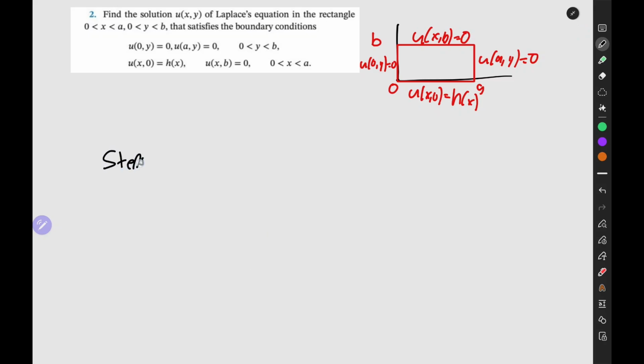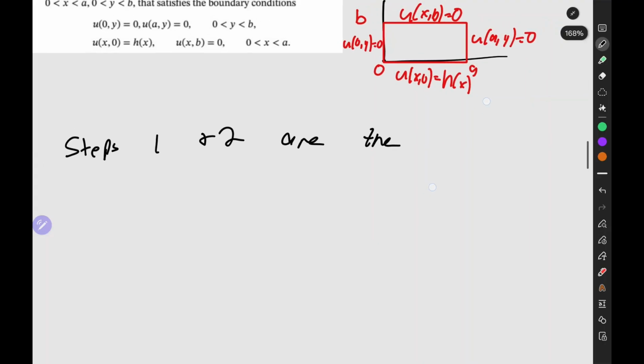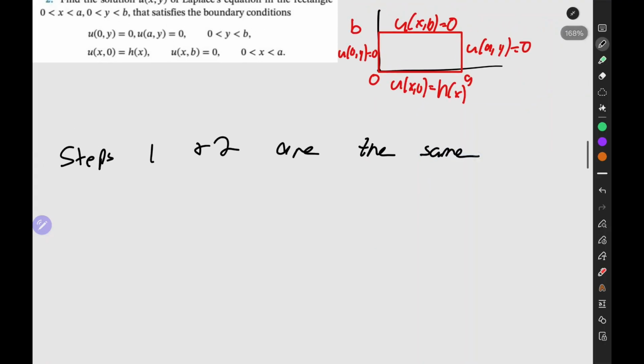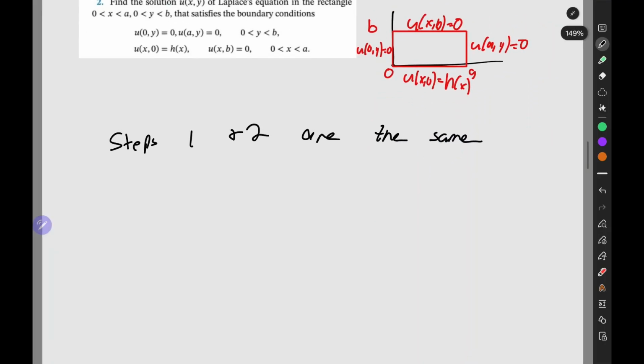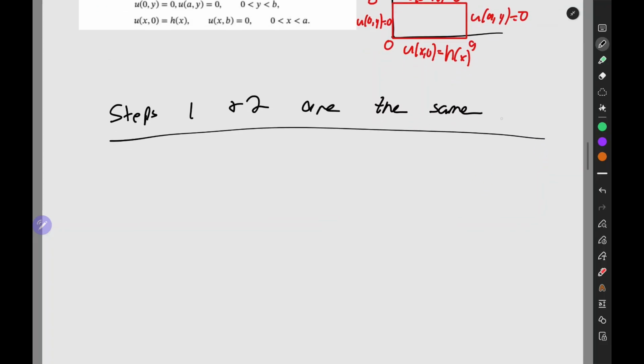From the last problem, steps 1 and 2 are the same. As in, let me write it out.